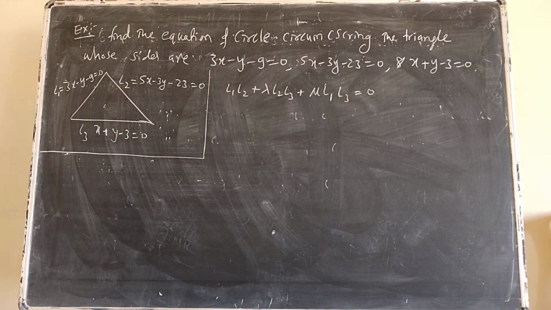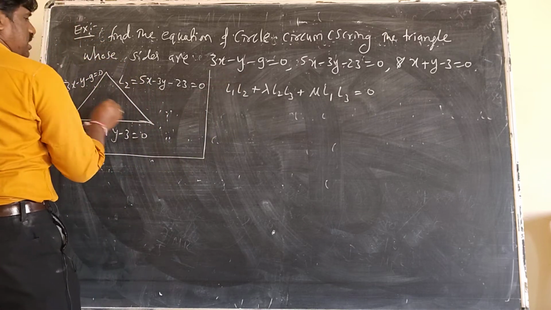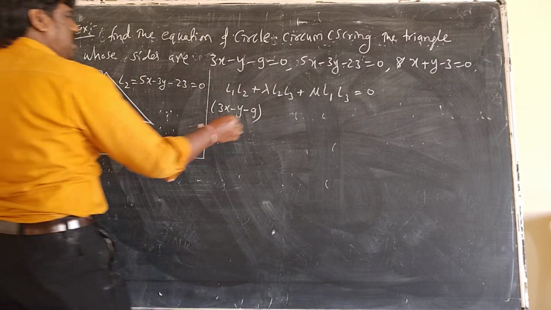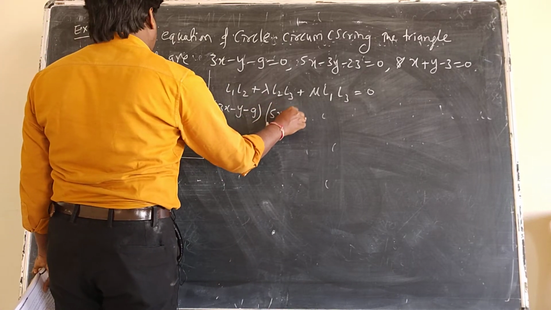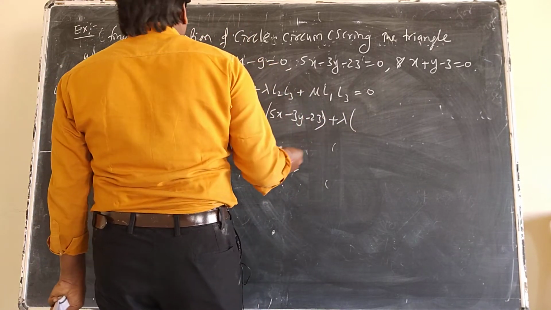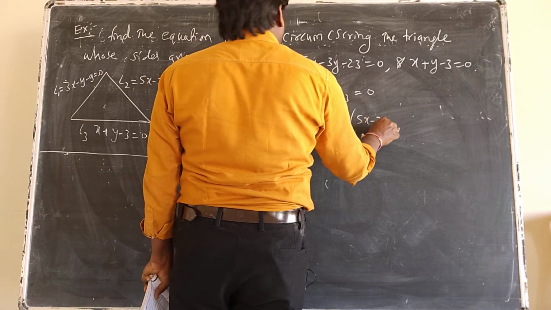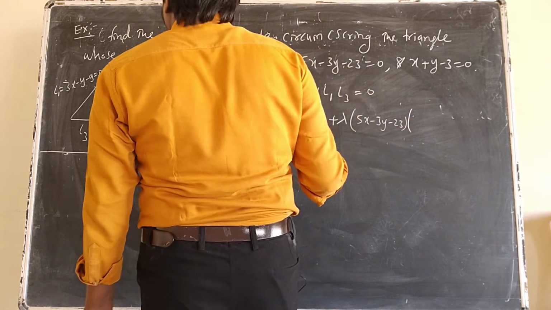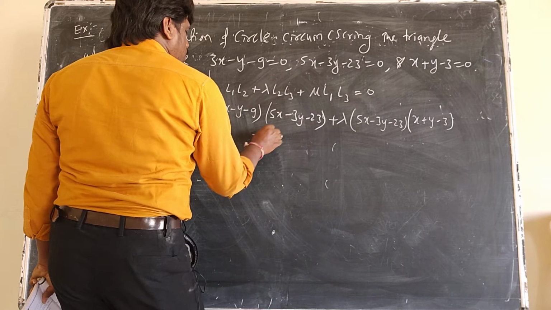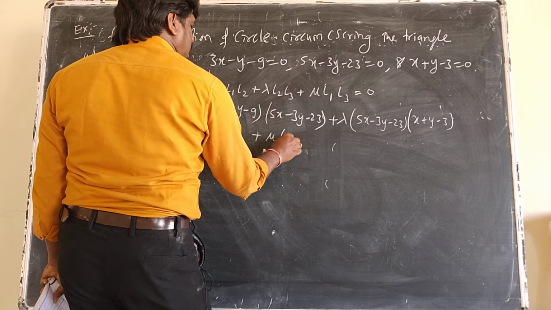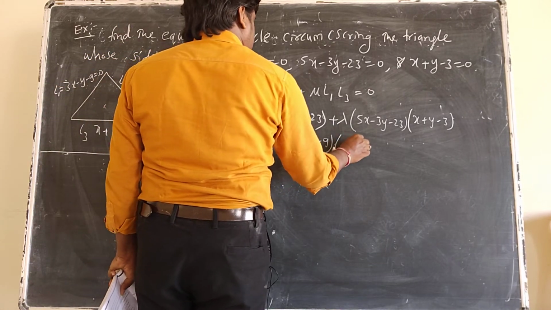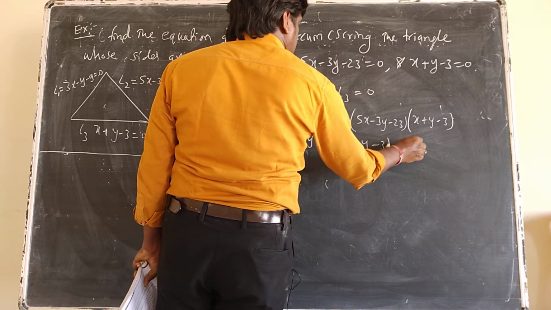L1 is 3x minus y minus 9, and L2 is 5x minus 3y minus 23, plus lambda times L2, which is 5x minus 3y minus 23, L3, which is x plus y minus 3, plus mu into L1, 3x minus y minus 9, L3, x plus y minus 3, is equal to 0.